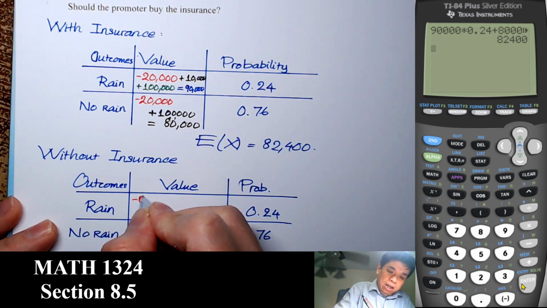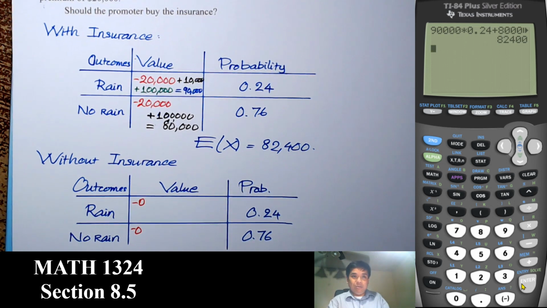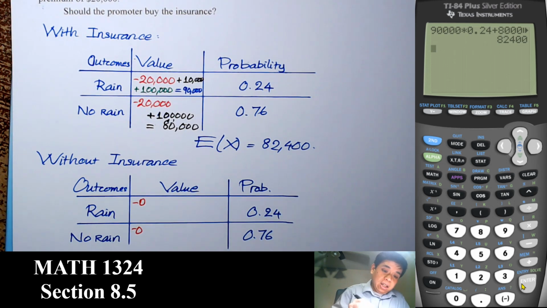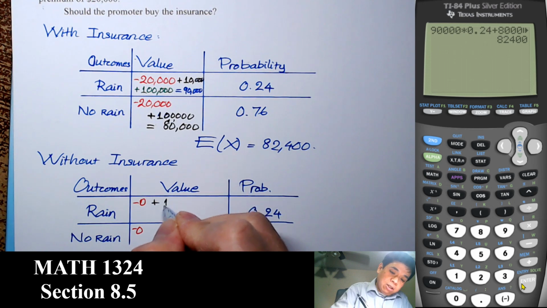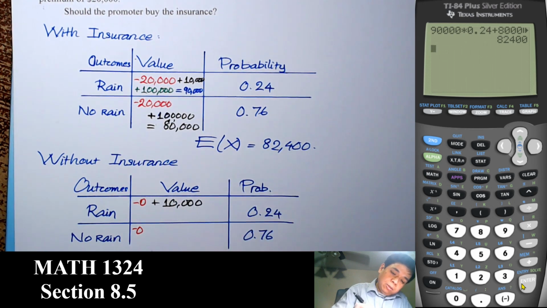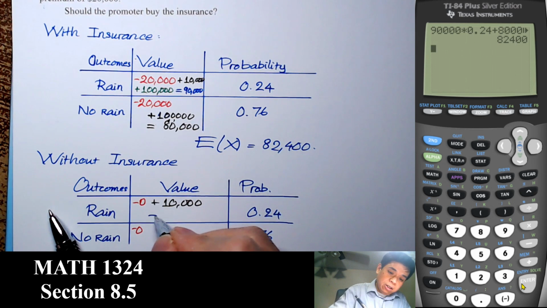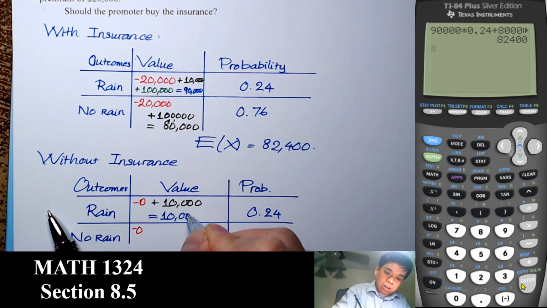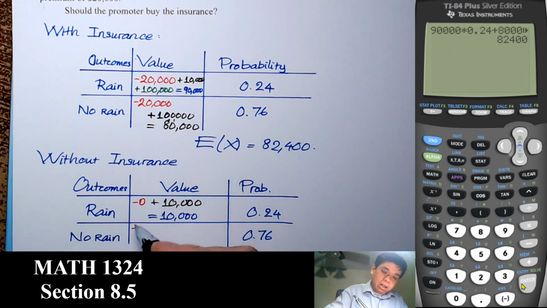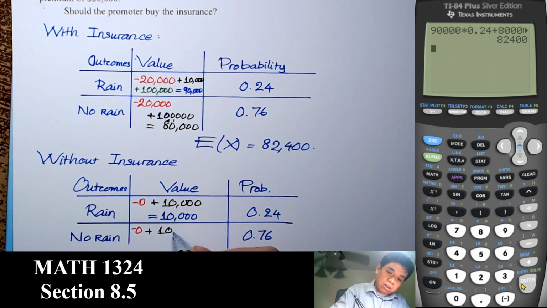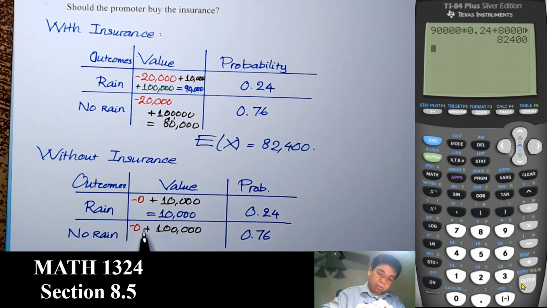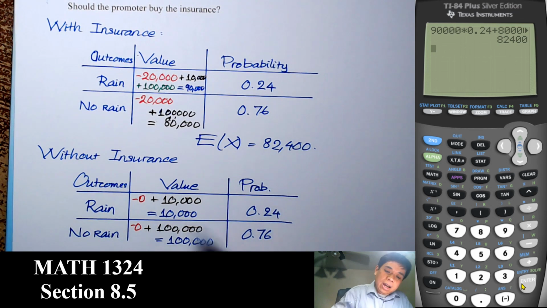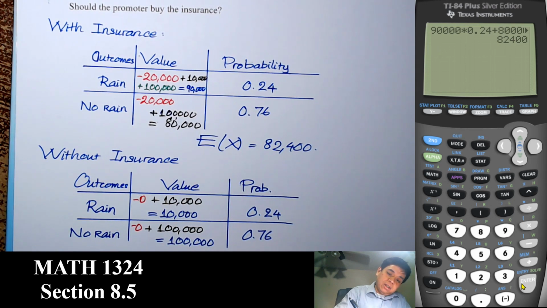This time you're not going to pay any insurance. But in that case, if it rains, you can only get 10,000. So that's the net value of 10,000. And if it's no rain, we get the full 100,000.